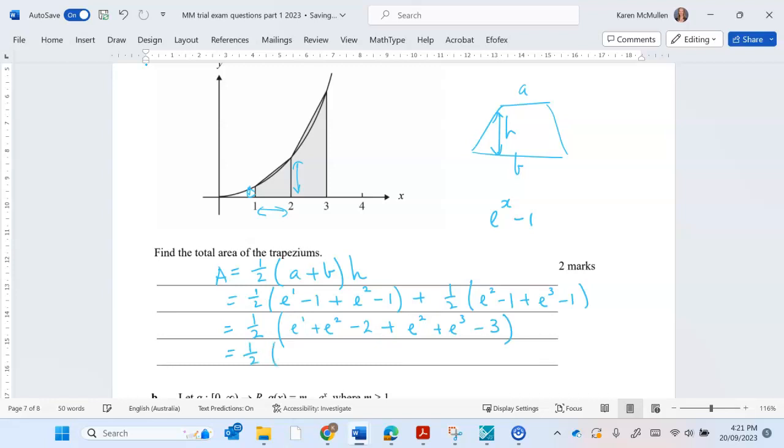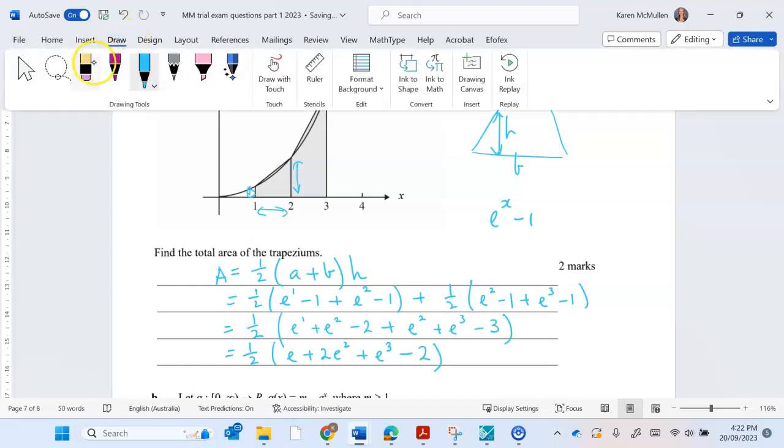We've only got one e, or e to the power of 1, it doesn't matter if you leave it as that. We've got 2 e squared, and 1 e cubed minus, and I don't know why I wrote 3 there because it should have just been 2.